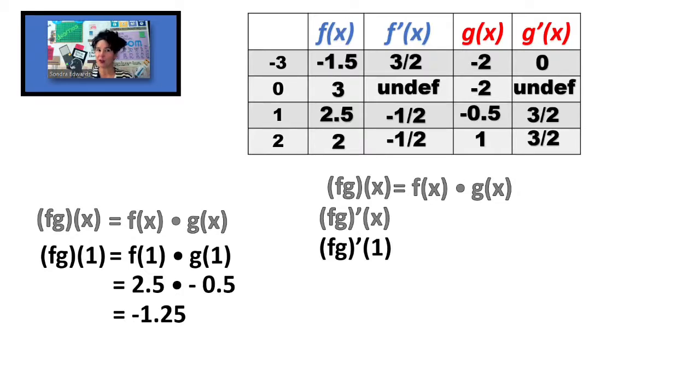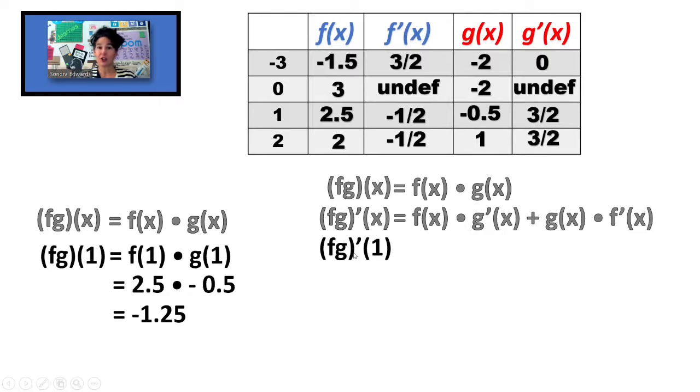And when you are multiplying and you're finding a derivative, we do have a special rule for finding the derivative of two things multiplied together that have x's in them. We have to use the product rule. So we are going to have f times g prime plus g times f prime. Now, some of you can go directly there and you're okay. You're saying the derivative of f multiplied by g is f times g prime plus g times f prime.